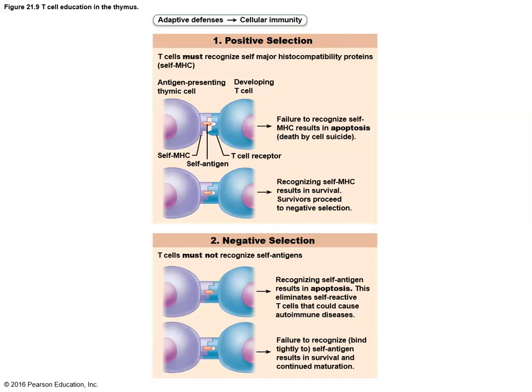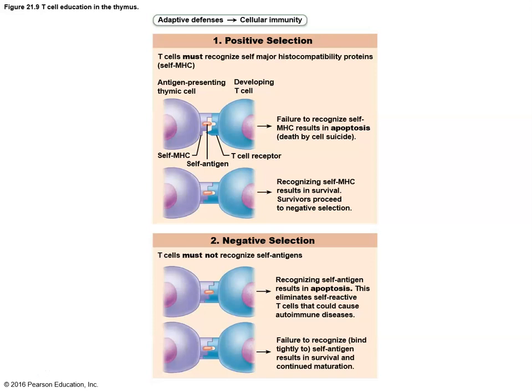In positive selection, the T cell must recognize the major histocompatibility complex proteins. In other words, it must self-recognize: this belongs to me, and then it can go on to step 2. But if it fails to recognize the MHC complex, then that particular cell is going to die.